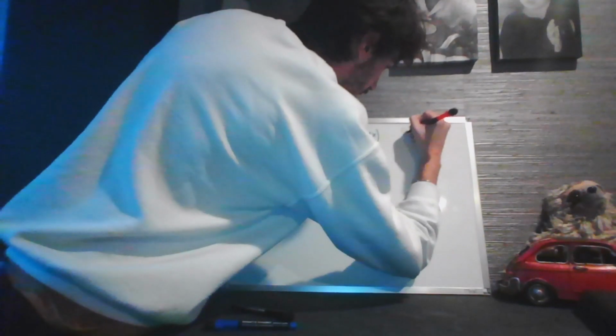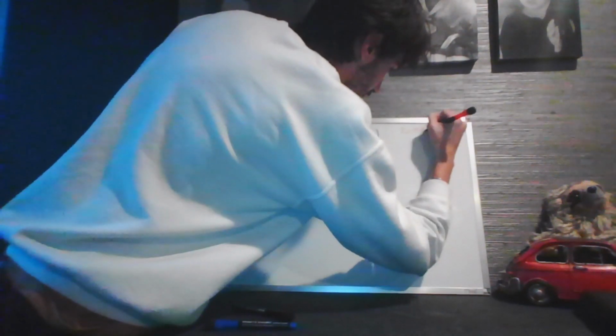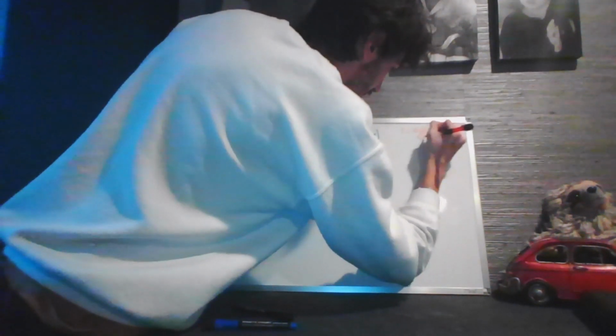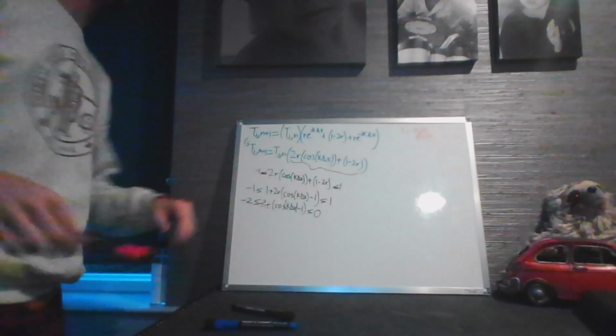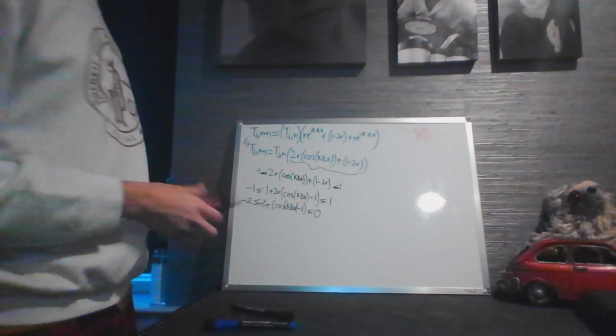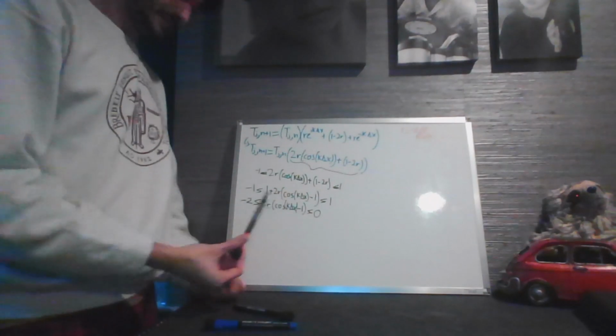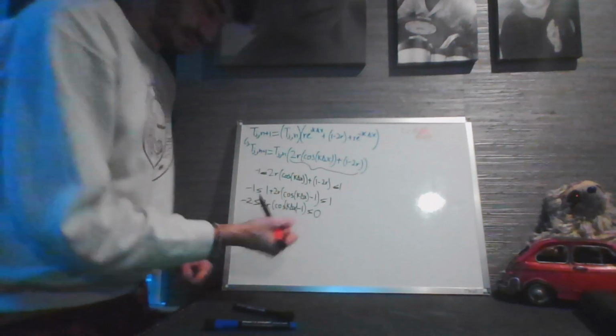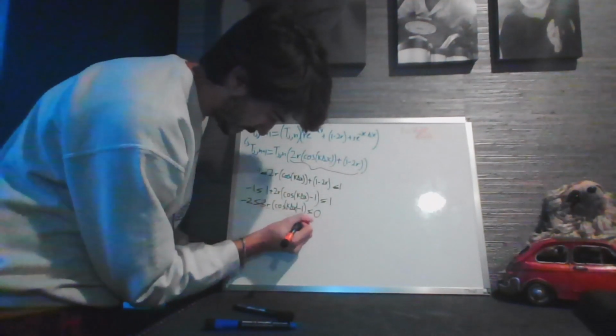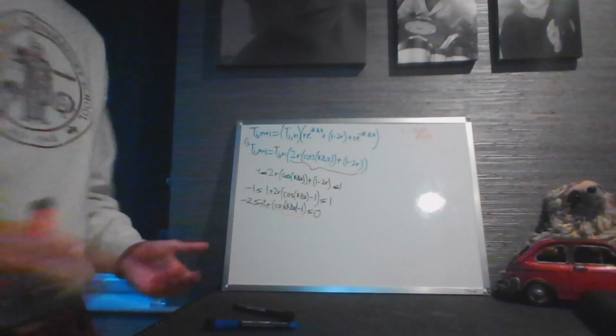To recall what we had r as, r is equal to alpha times delta t over delta x squared. These are all constants, and these are all positive, and that means that r is positive. And so what we have left is this middle term of cosine k delta x minus 1.